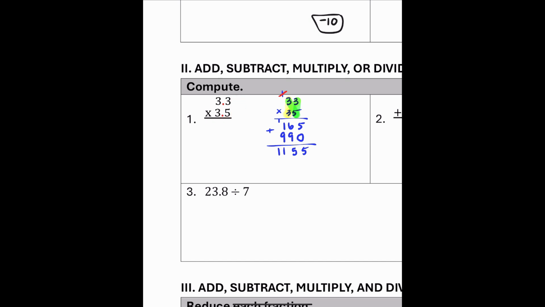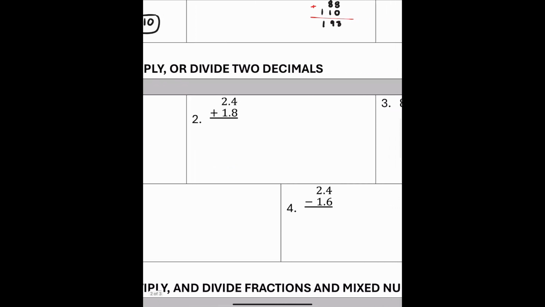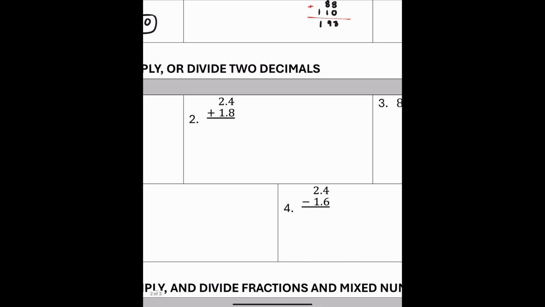So what we need to do is draw a little decimal point here, and we're going to move that decimal to the left 2 times, right? Because of that 1 plus 1 that we did. So 1 and 2. The answer is 11.55. All right.